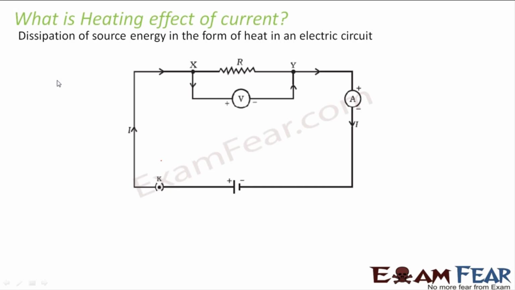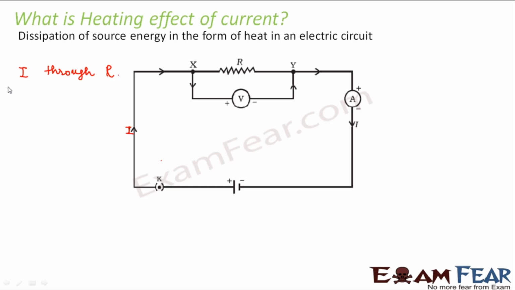Let us consider this circuit, and suppose that current I flows through it. When this key is closed, some amount of current I flows through this circuit. So current flows through this resistance R, right?